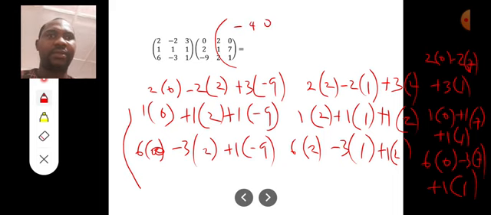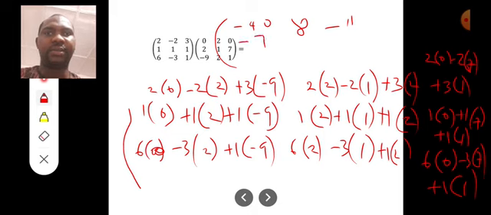The next one, row 1 column 2, that's 4 minus 2 plus 6, that's 8. The other one is 0 minus 14 plus 3, that's minus 11 here. Then row 2 column 1 will give us 0 plus 2 minus 9, that's minus 7.